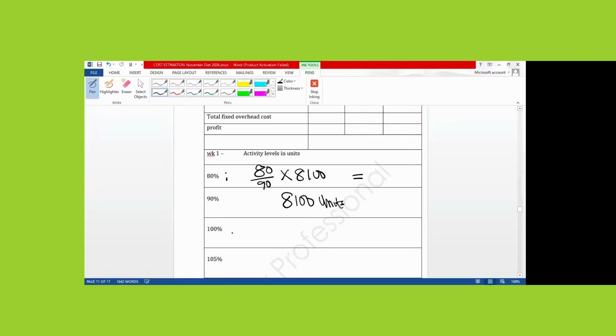Calculate. 7,200. At 100%, the output becomes 9,000 units.